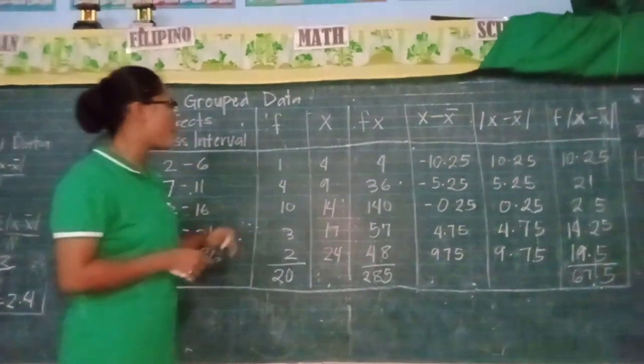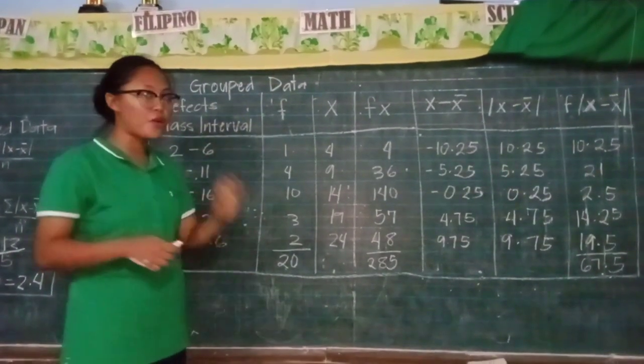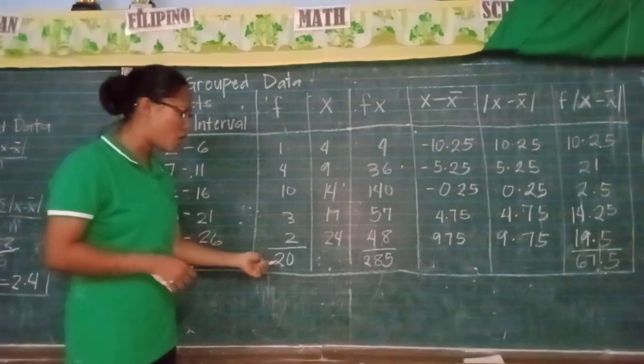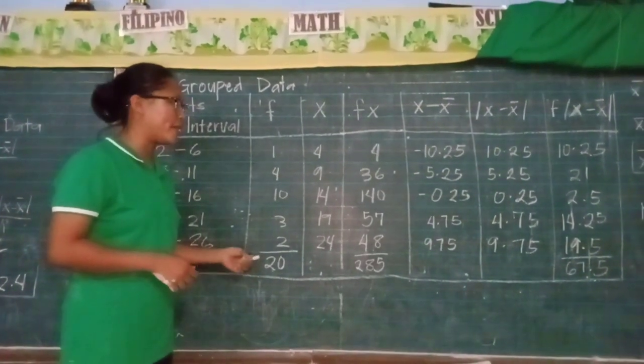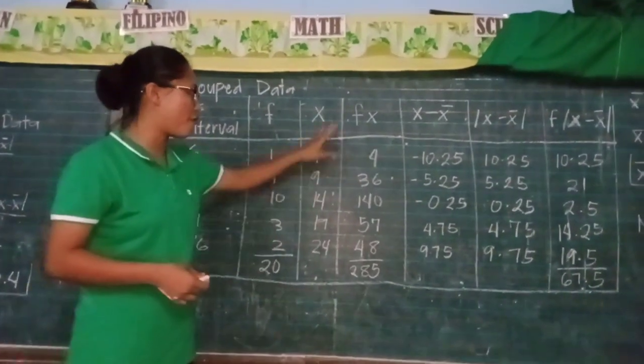Then we will total the number of frequency, and that is 20 all over. And now we'll proceed to the next column, and that is fx.